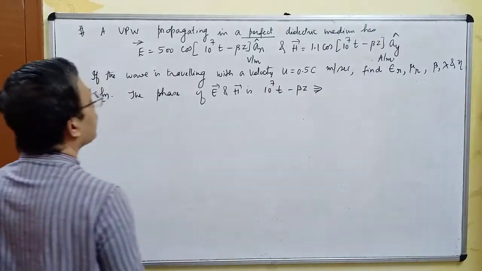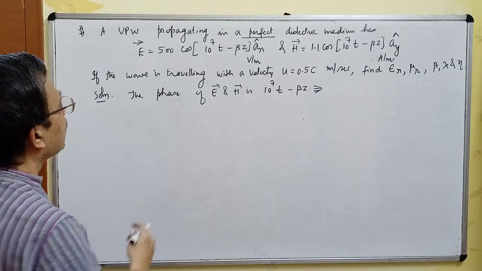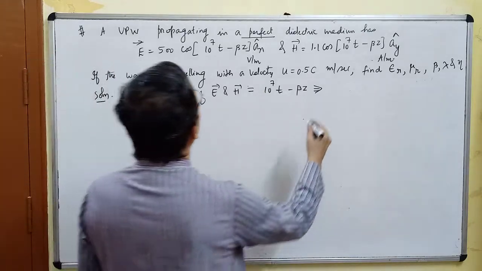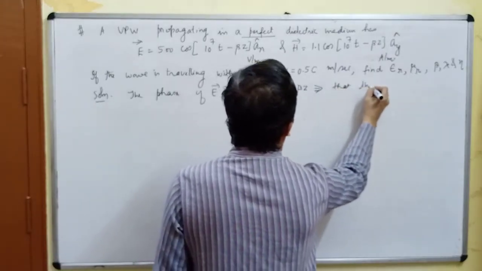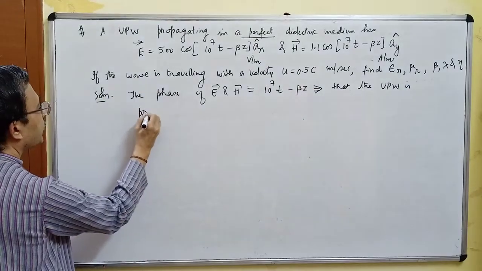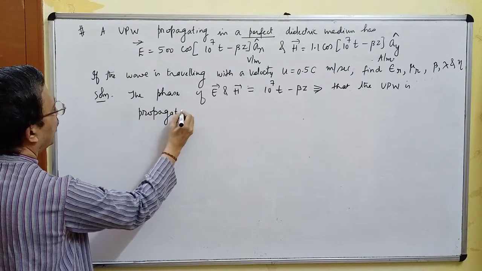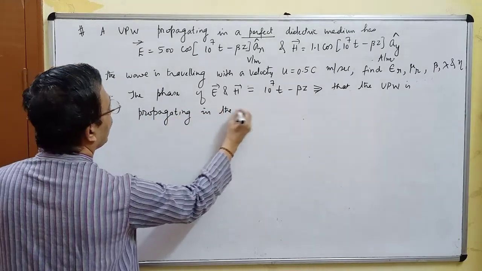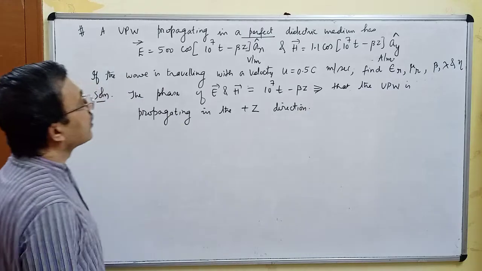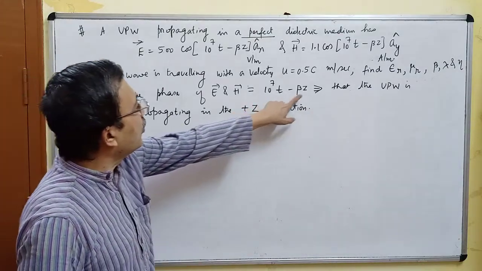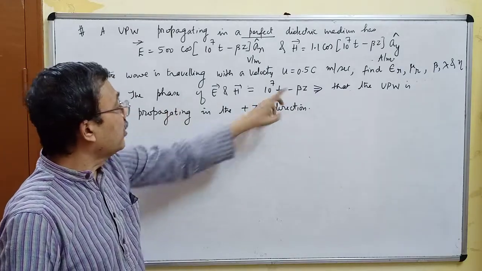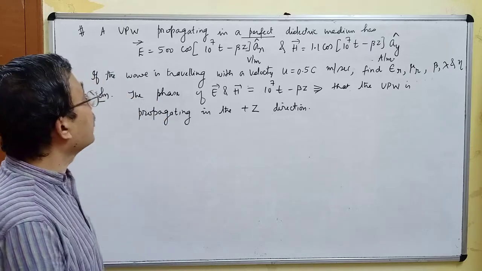This implies that the uniform plane wave is propagating in the positive z direction. Why? Because it is a pure function of z, therefore it is propagating in the z direction. The minus sign here indicates that it is propagating in the positive z direction.